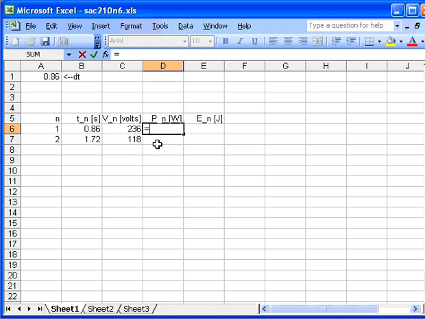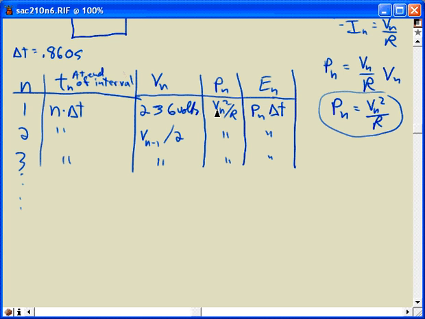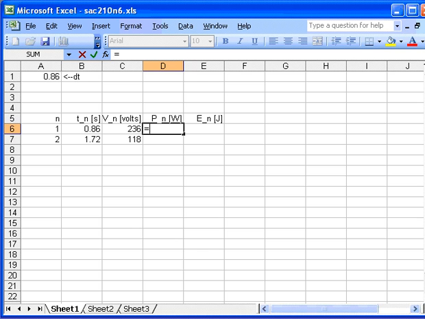Okay, and then this equals V sub n squared over R. So that's this squared slash, I think I'll put the R right here. And I'm going to need dollar signs on it.